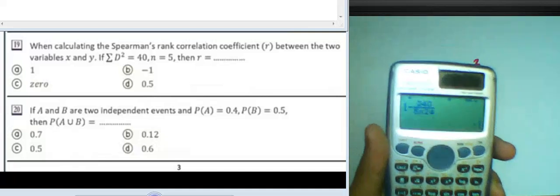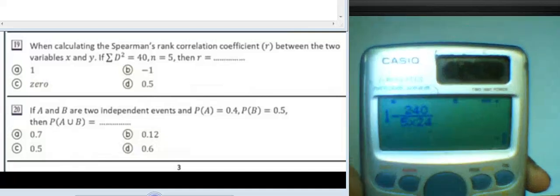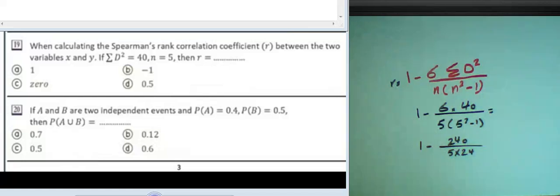The result will be equal to -1. Okay, choose letter B.